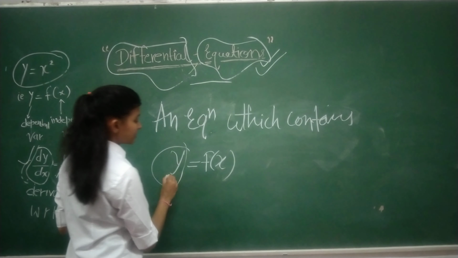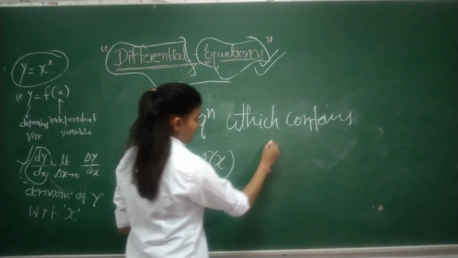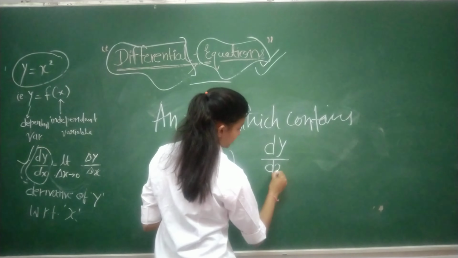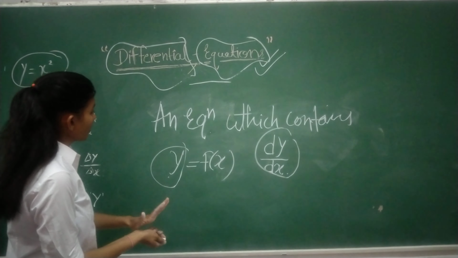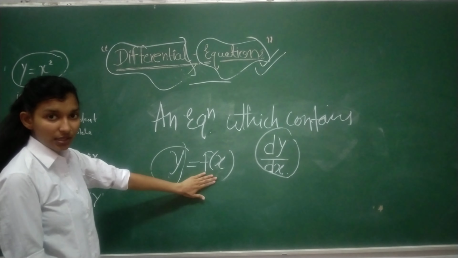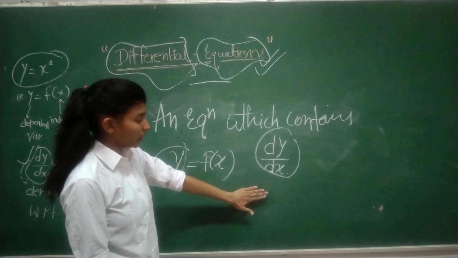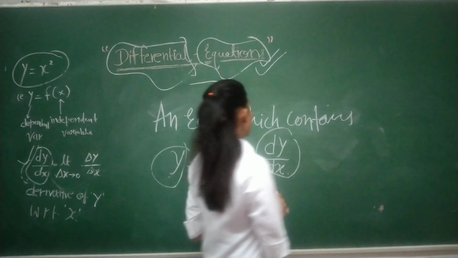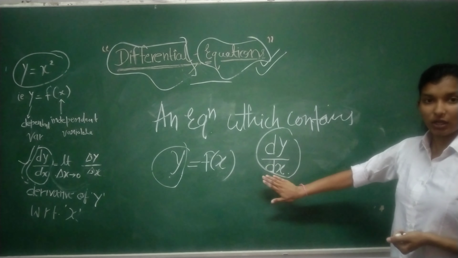Then here y is a dependent variable and x is an independent variable. And the derivative of y with respect to x is dy by dx, which we will understand afterwards. So, an equation which contains a dependent variable, an independent variable, and the derivative of the dependent variable with respect to the independent variable is called a differential equation. In simple words, a relation between variables and their derivatives is called a differential equation.